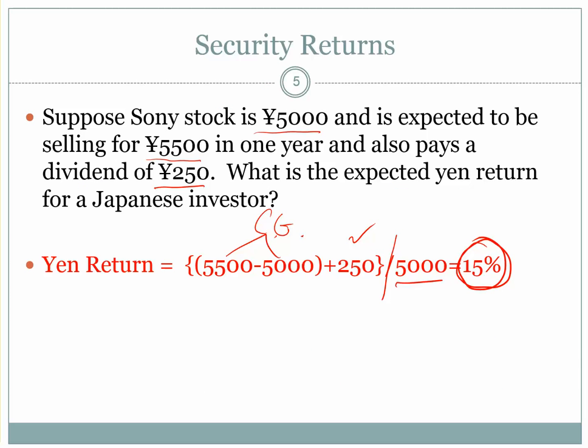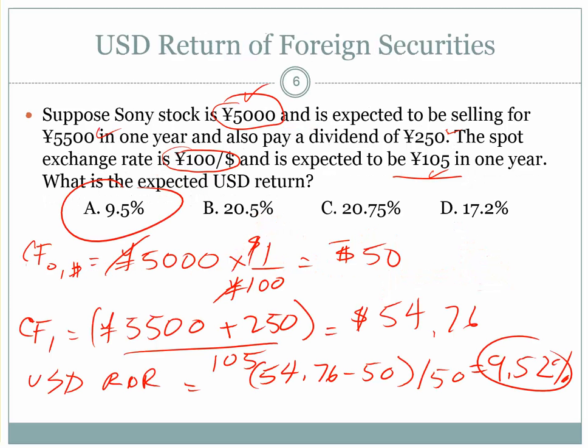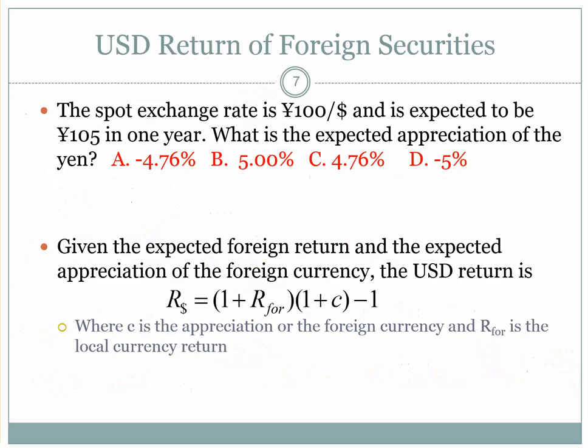So the Japanese investor receives 15% in yen, or for an American, it would be 9.5% return in dollars. And the difference is because of the exchange rate. Over this period of time, the yen must have devalued, and we can look at that. We said the exchange rate went from 100 to 105.